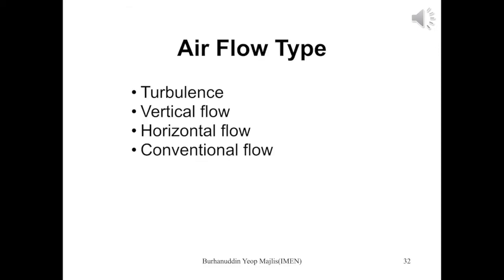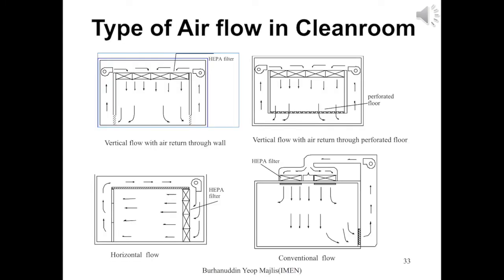We have four airflow types for clean rooms. One is turbulent flow, vertical flow, where the airflow is vertical, horizontal flow, where the airflow is horizontal, and also conventional flow, just like a normal aircon. The slide shows the types of airflow in a clean room.